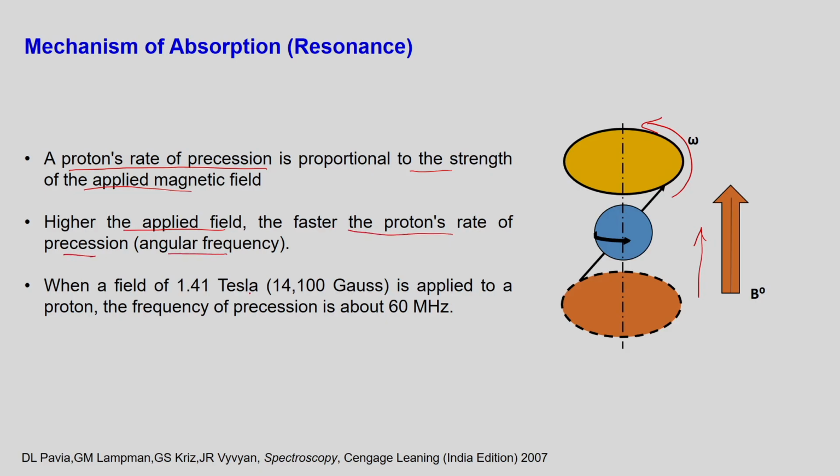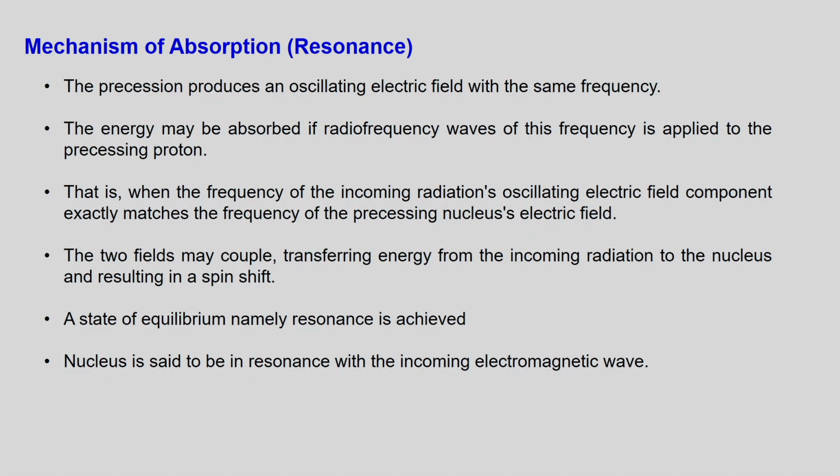For example, if I apply a field of 1.41 Tesla, which is equal to 14,100 Gauss, the frequency of precession is about 60 megahertz. So, if you apply this particular field, the frequency will be 60 megahertz. Now what happens with precession?